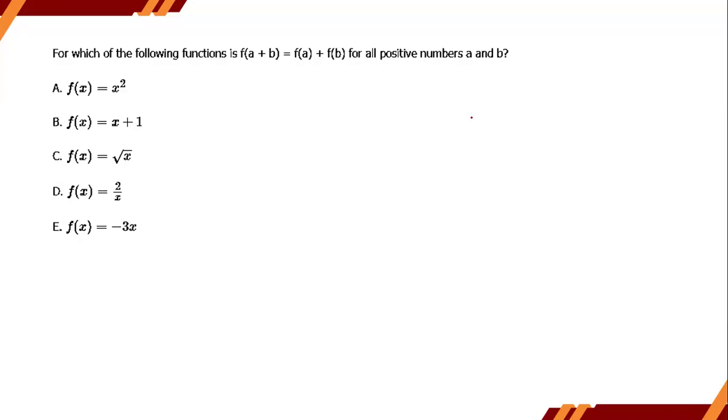Now, there is a difference between the previous question and this question. In the previous question, we saw that for two different inputs, we were getting the same output, right? But here, this question is basically testing some maths property, that f of a plus b is equal to f of a plus f of b.